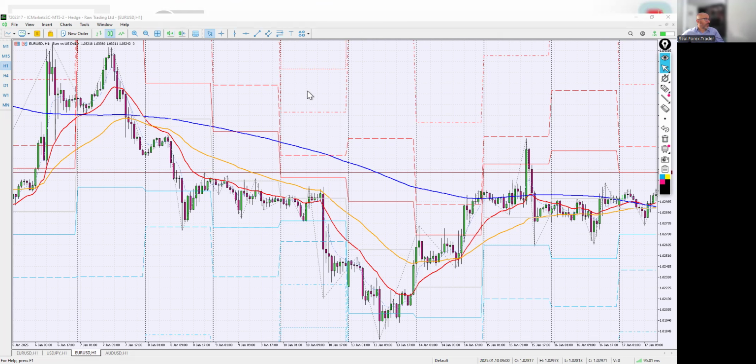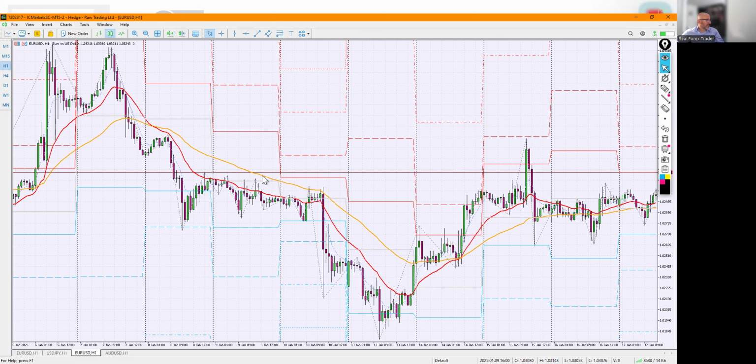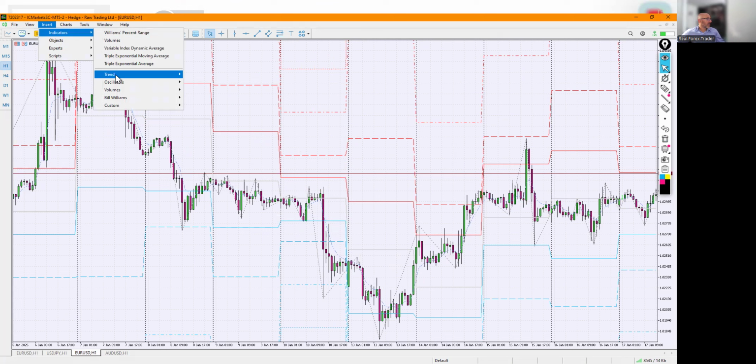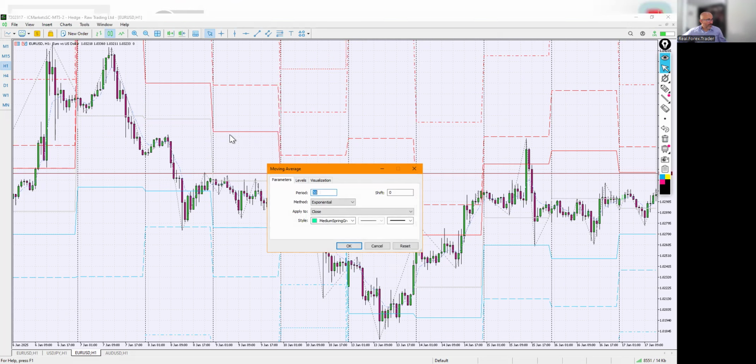Again, how you set your EMAs. So let me delete this, and here. Okay. So how do you set them up? Basically, again, here in your tab, access insert, indicators, trend, and you choose moving average.